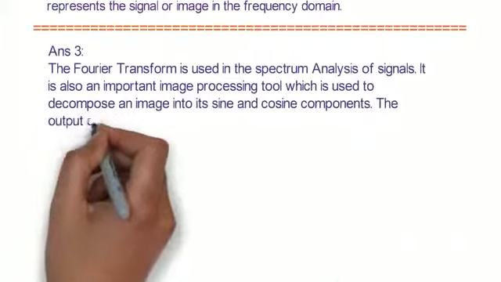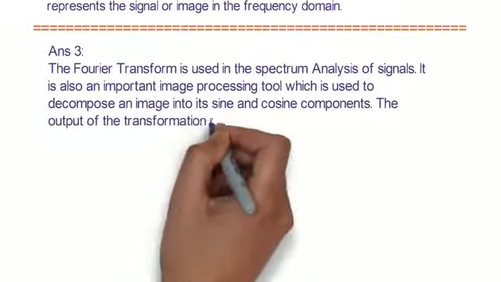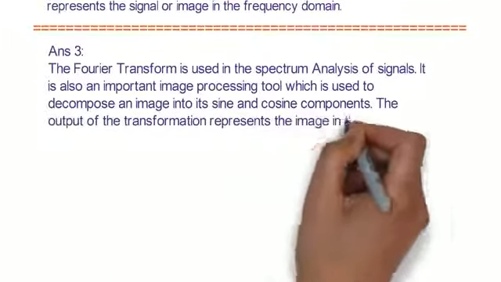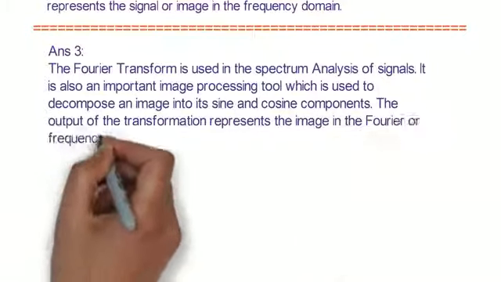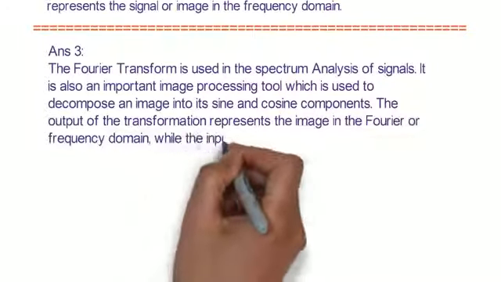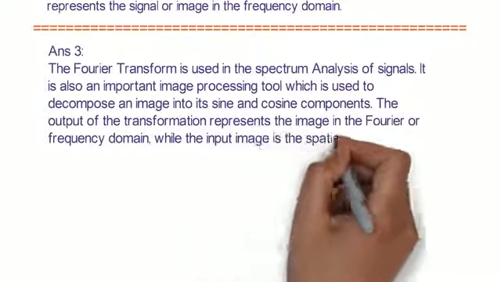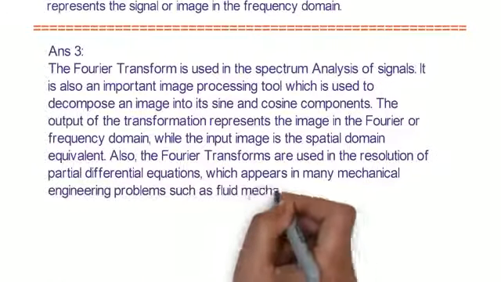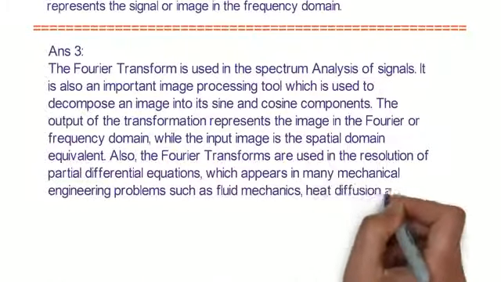The output of the transformation represents the image in the Fourier or frequency domain, while the input image is the spatial domain equivalent. Also, the Fourier transforms are used in the resolution of partial differential equations, which appear in many mechanical engineering problems such as fluid mechanics, heat diffusion, and wave propagation applications.